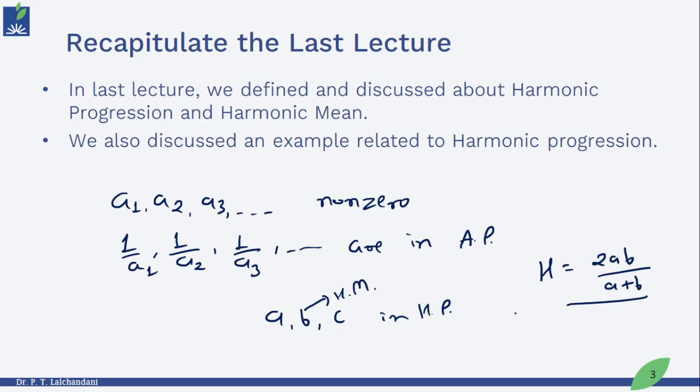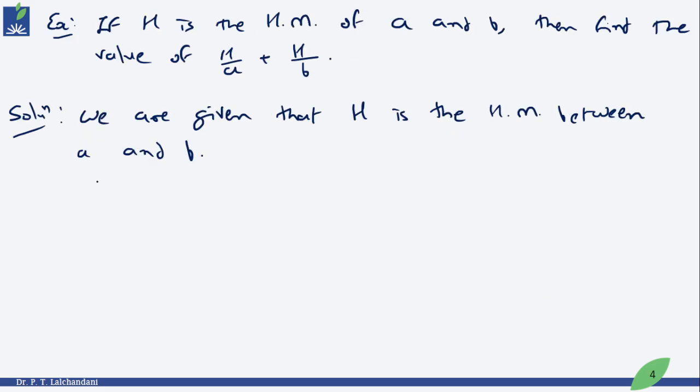Just now we discussed that if h is the harmonic mean between a and b, then h can be written as twice ab divided by a plus b. So we'll use this formula. Therefore, h is equal to twice ab divided by a plus b.